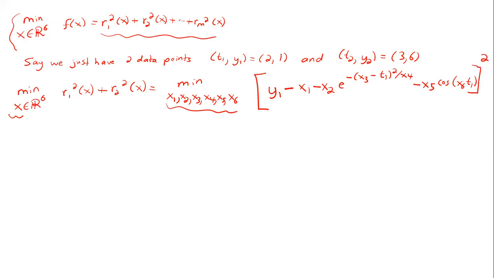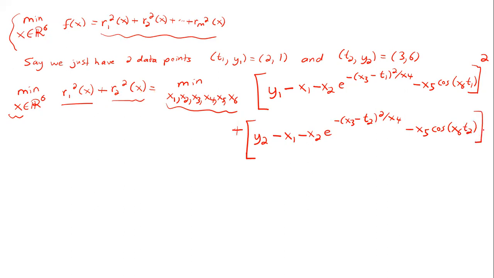And this is going to be squared because that will be the residual squared, which is this term, plus, and so this is still our objective function. Now we're going to do it for this R2 term right here. So y2 minus x1 minus x2 e to the negative x3 minus t2 squared over x4 minus x5 cosine of x6 t2 squared.